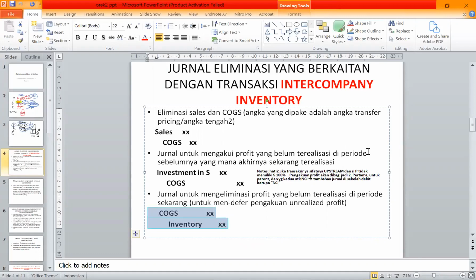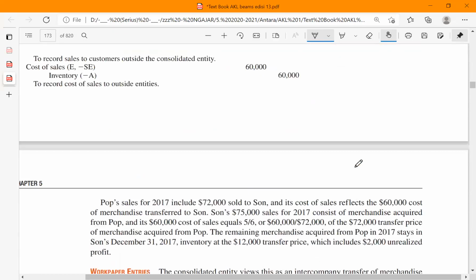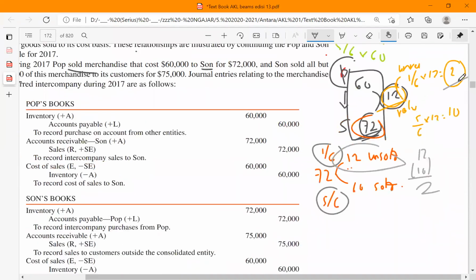We have to not recognize this unrealized profit because the inventory is still unsold by S to the end customer. So P cannot recognize this number until S finally sells this inventory to the end customer. So this is the second journal entry, cost of sales to inventory, and I hope you understand the logic behind how to compute this unrealized profit number.